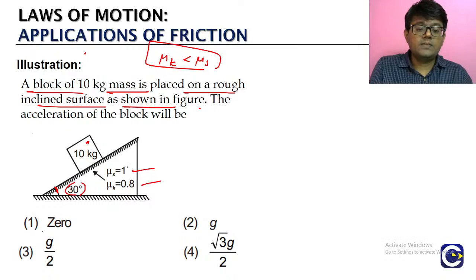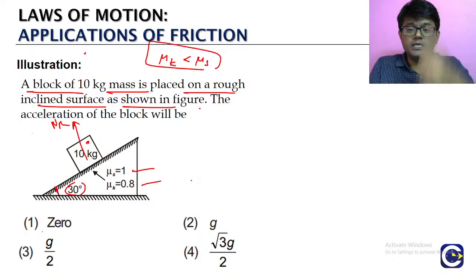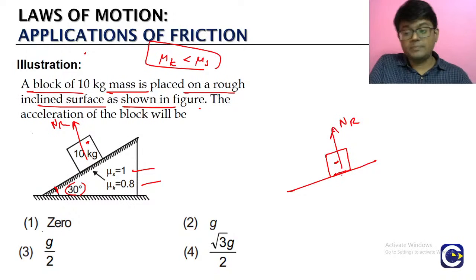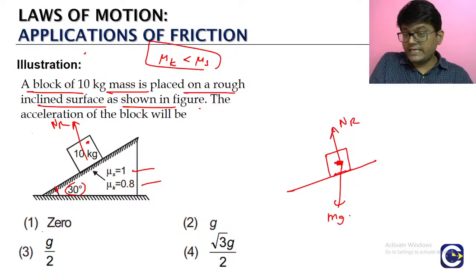So when you look at the 10 kg block, it will experience a normal reaction. Just think about this block. It will have a normal reaction acting normal to the plane. Then it will have its weight, which is vertically down.